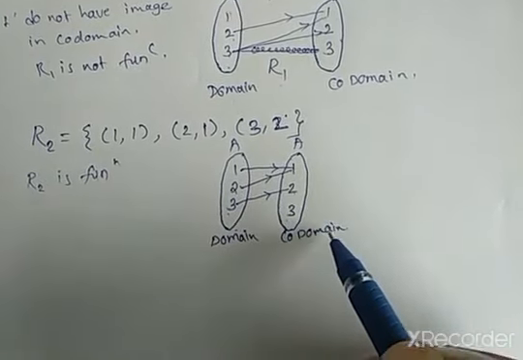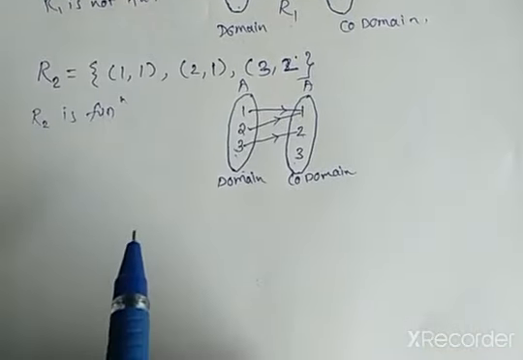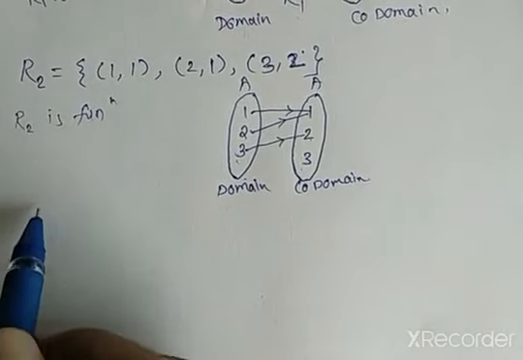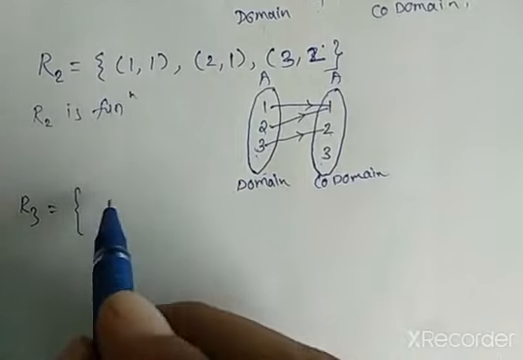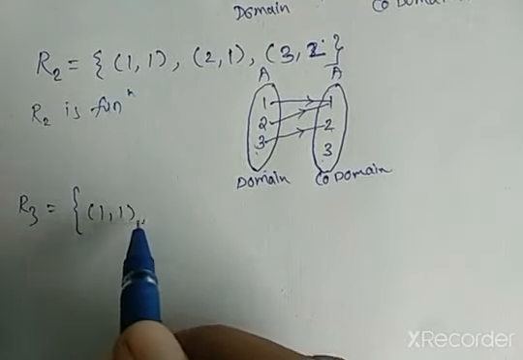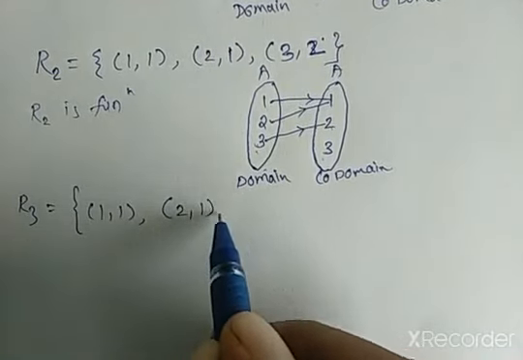We have to check that every element in a domain has an image in a codomain. Now consider R3 equal to the ordered pairs (1, 1), (2, 1), (3, 3).